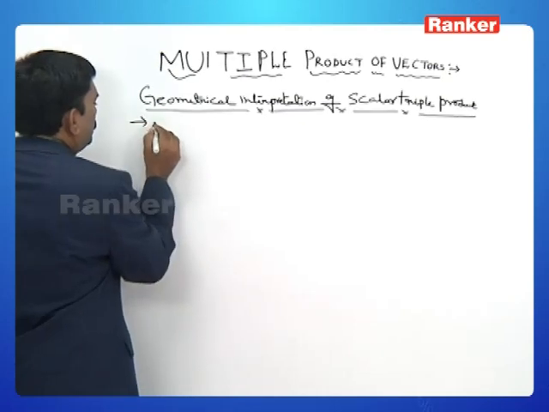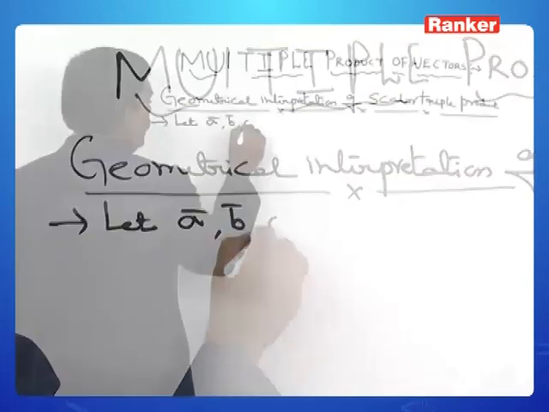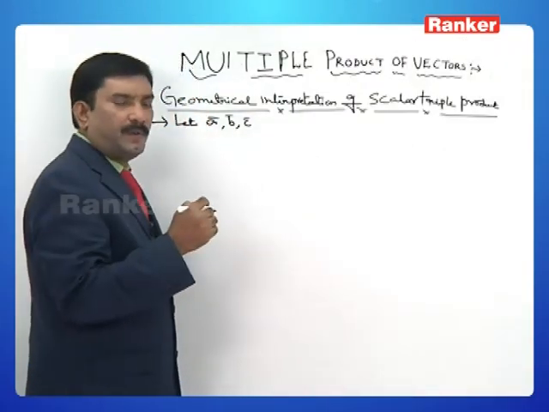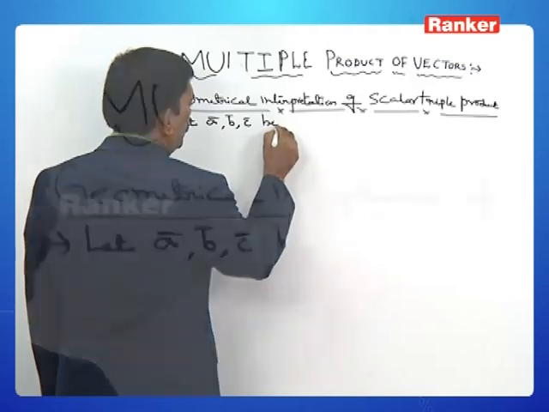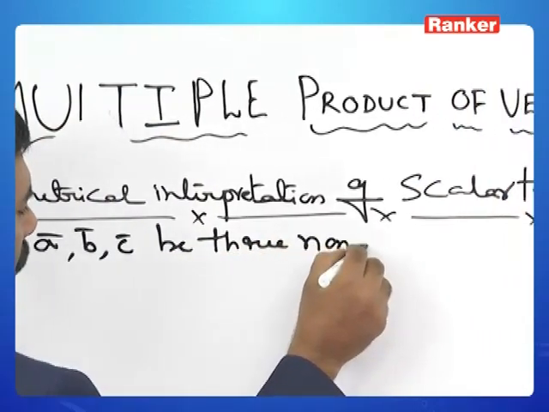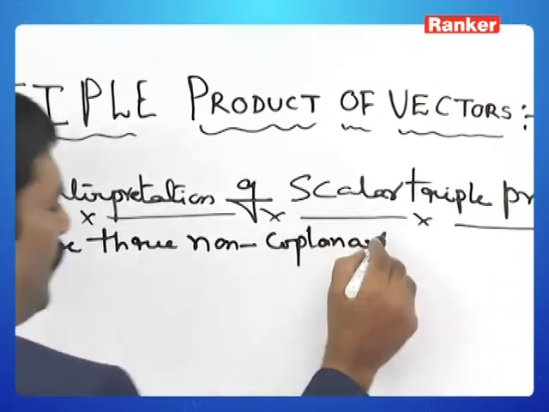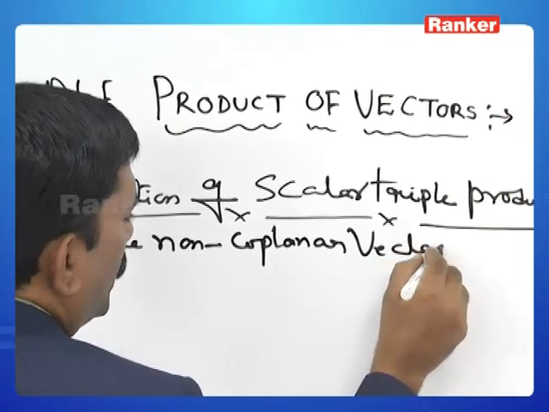What it says: let A bar, B bar, C bar be three non-coplanar vectors.